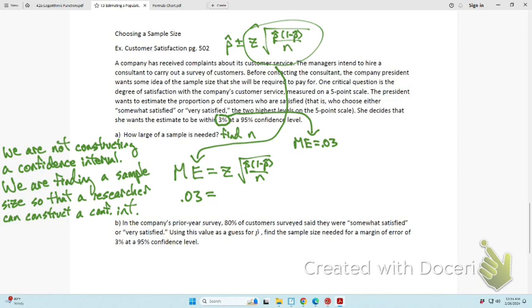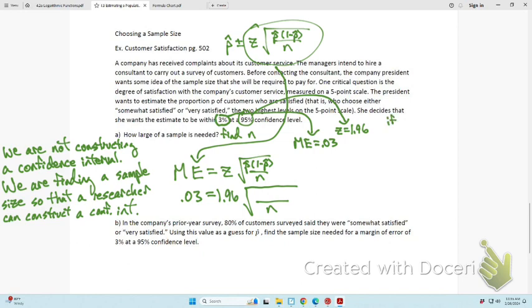If I go to my formula chart, that 95% tells me Z is 1.96. N is my unknown, and I am totally stuck right now because nowhere in the paragraph does it tell us what p hat is, which makes sense because I haven't even taken a sample yet. How could I know what p hat is?